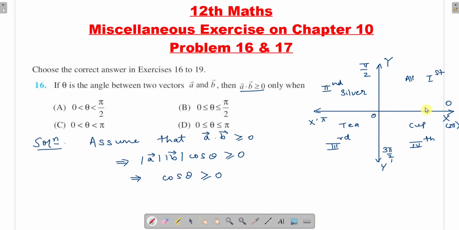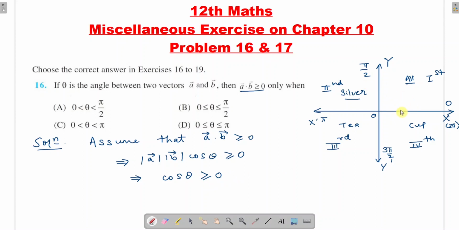Now we know that theta is always between 0 and pi, right? So theta cannot go below 0 degrees or beyond pi. You know that all ratios are positive here, and here only sine and cosec are positive, cosine is negative here. So that means cos theta is greater than or equal to 0 when theta is between 0 and pi by 2.